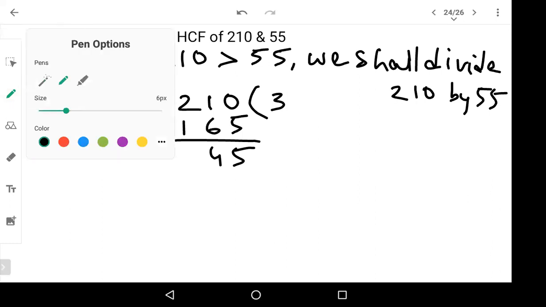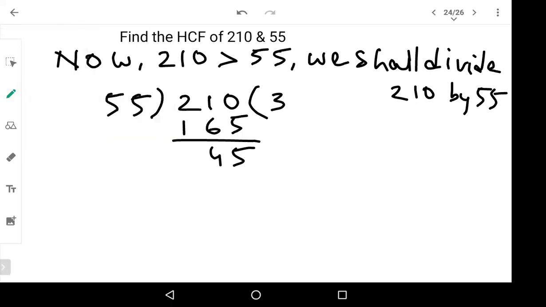Now what is the first step that we did? First step is we wrote this saying we will divide 210 by 55. Second step, what did we do? 55 and 210, we started dividing. 55 threes are 165, and then we got the remainder, that is 45. Okay, so clear until here? Any doubts?